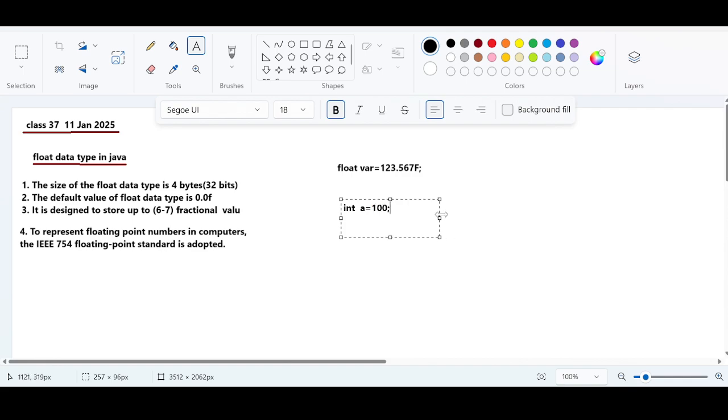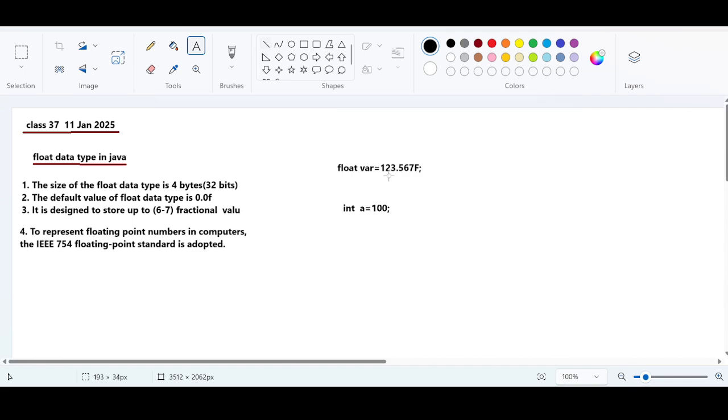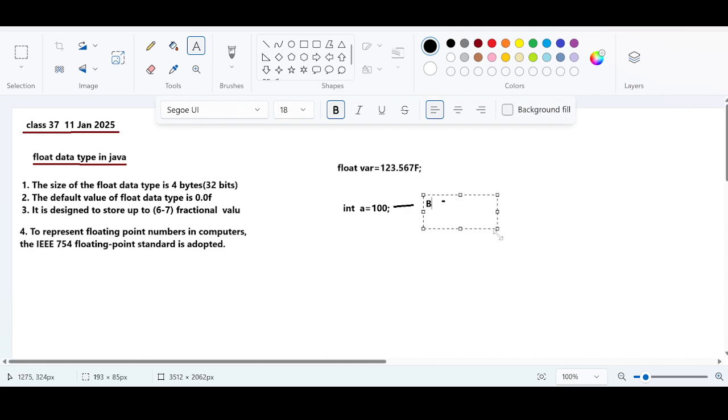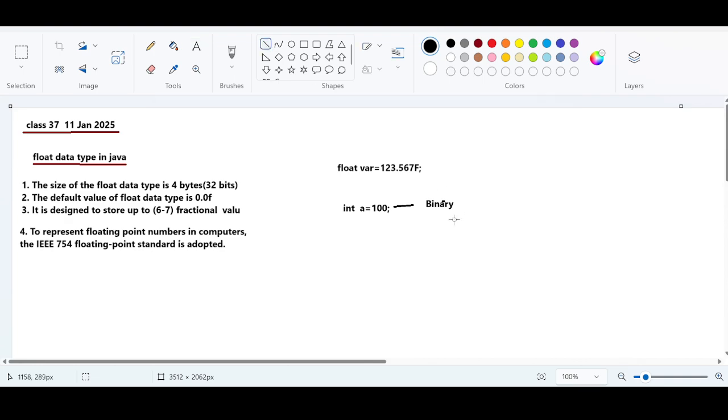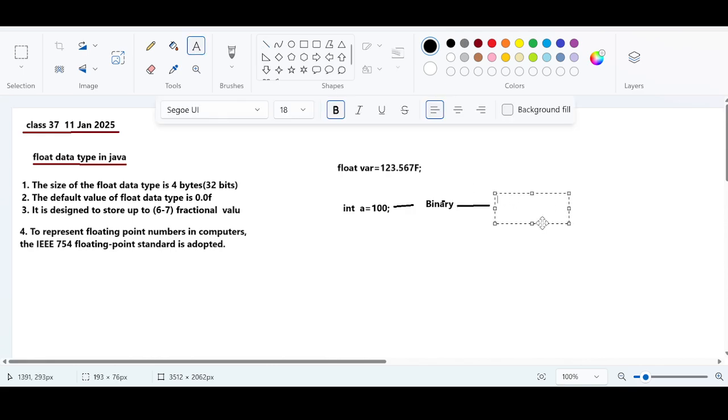Internally this decimal number gets converted to a binary number and stored in the registry. When you try to access it, the binary number is converted back to the equivalent decimal number and displayed in the console.